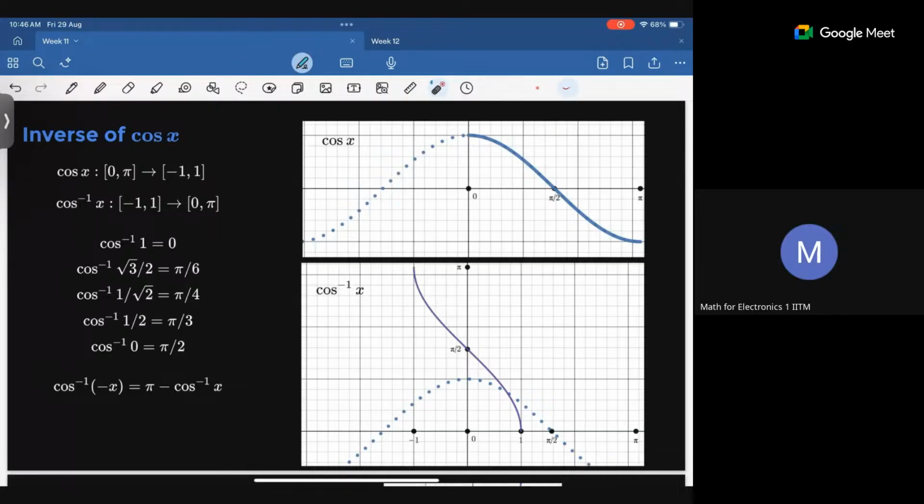Right? And unlike sine inverse, cos inverse of minus x is pi minus cos inverse of x. Right?